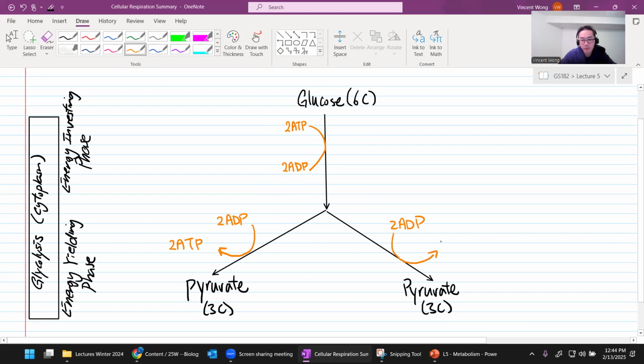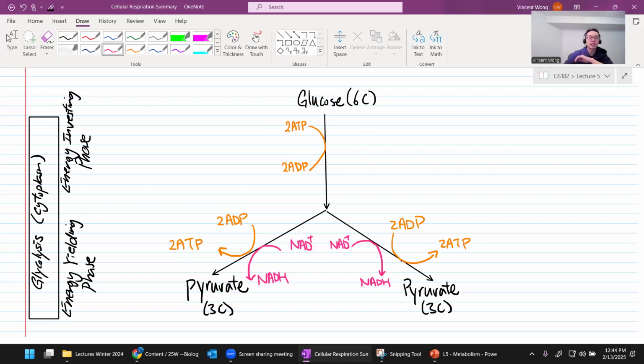So there we go. But that's not it. You will also have NAD plus coming along, picking up electrons that are being released, and then it's going to become NADH. Like that. Okay, so this whole process is glycolysis. It happens in the cytoplasm.